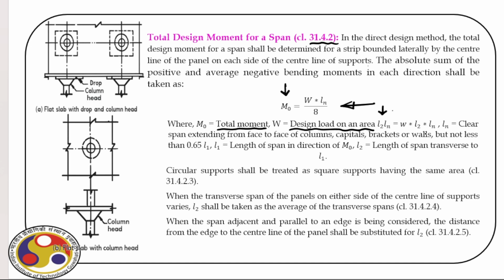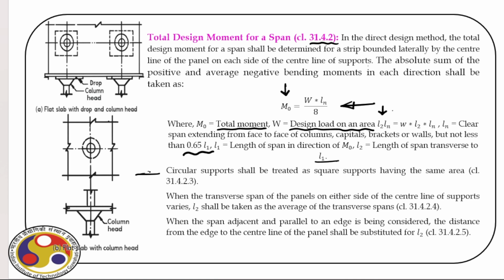L2 times ln. So ln is the clear span extending from face to face of columns, capitals, brackets or walls, but not less than 0.65 L1, where L1 is the length of the span in the direction of M0, and L2 obviously is perpendicular to L1. Now this is important.